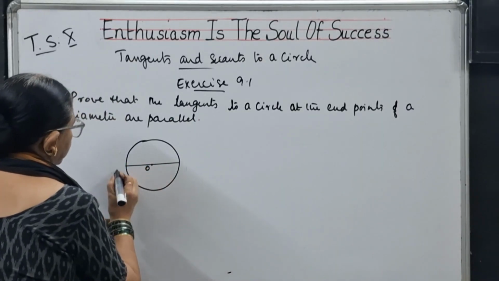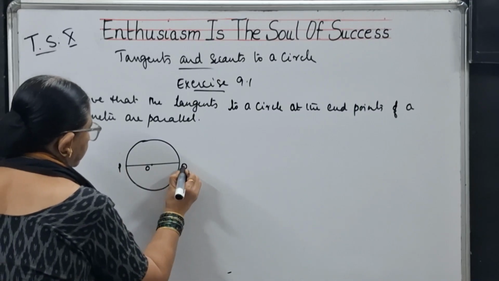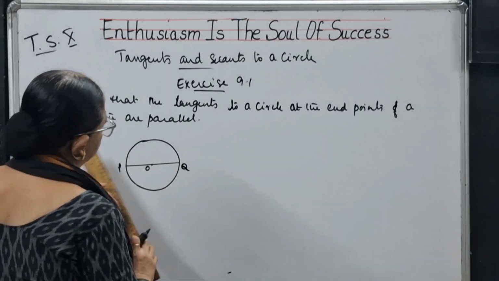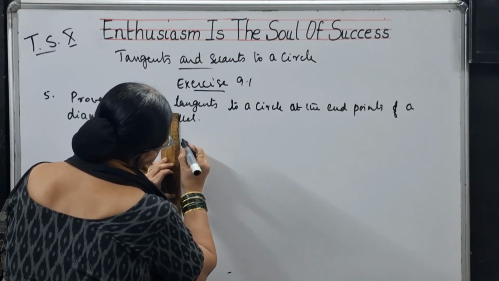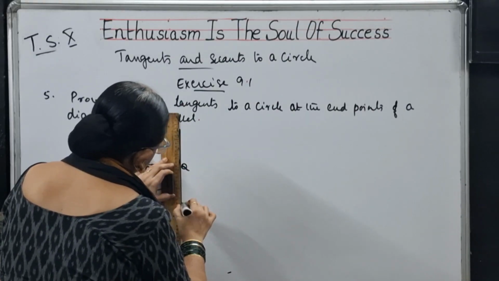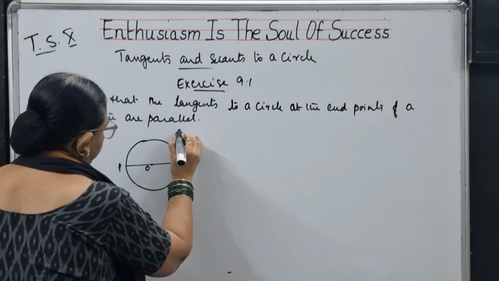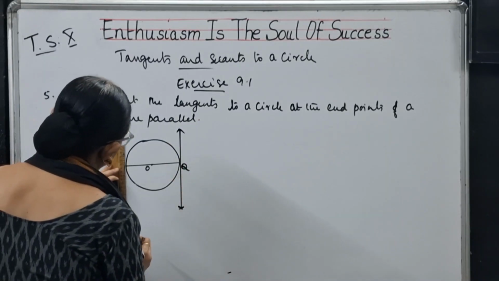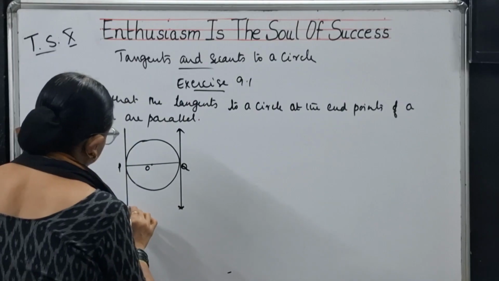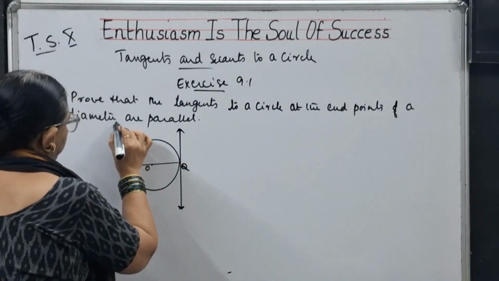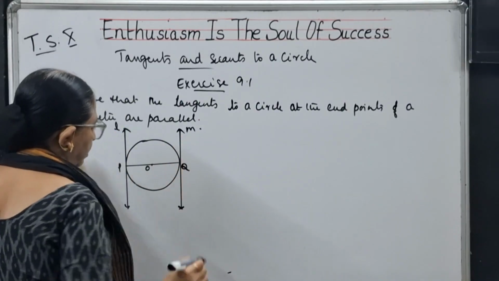This is the center. The diameter, let me take it as P and Q. So when I draw a tangent at Q, this is the tangent at Q, and tangent at P. Let me call these L and M.